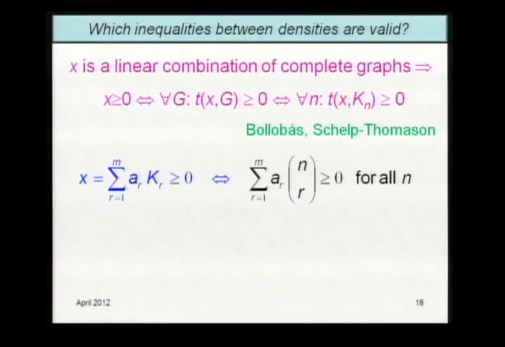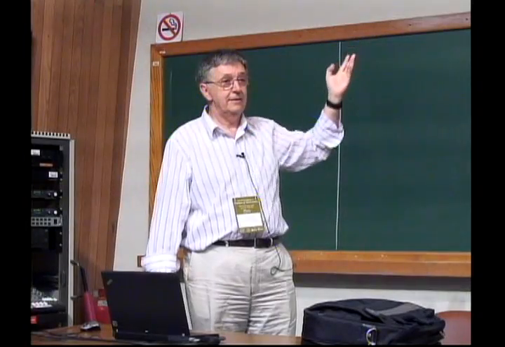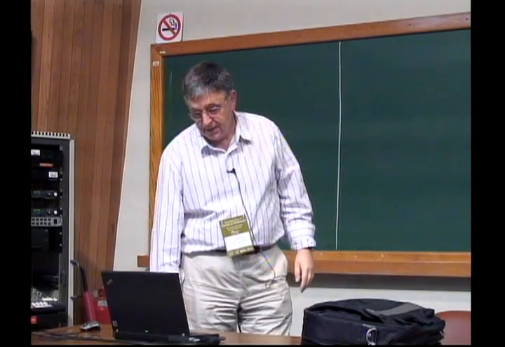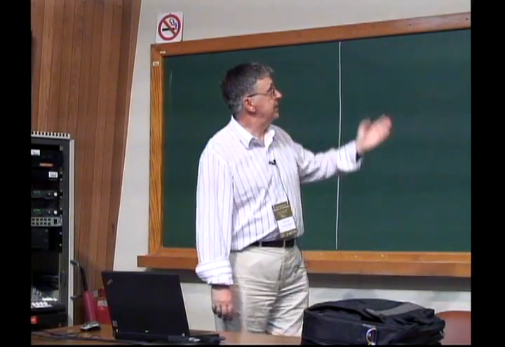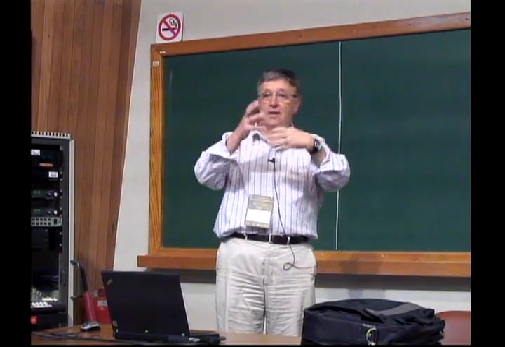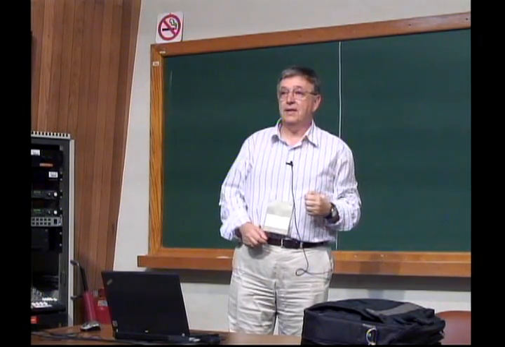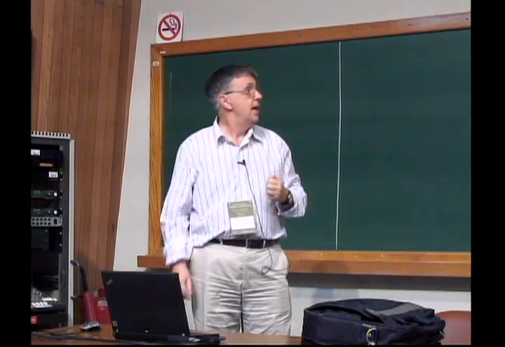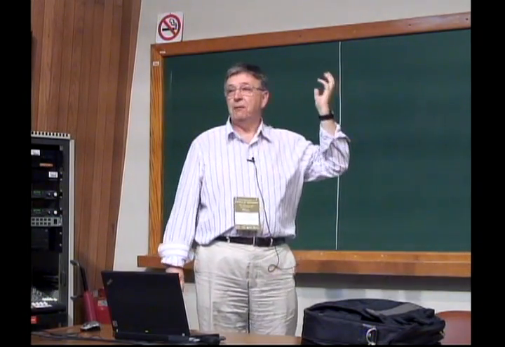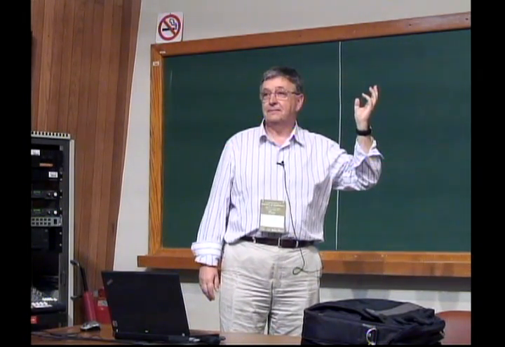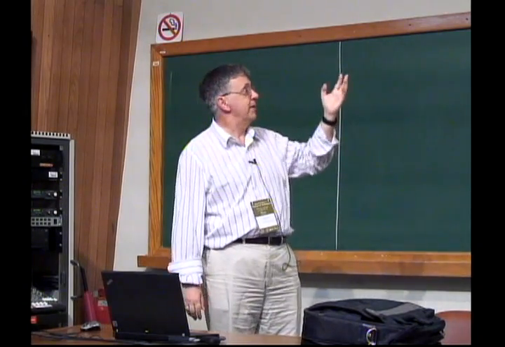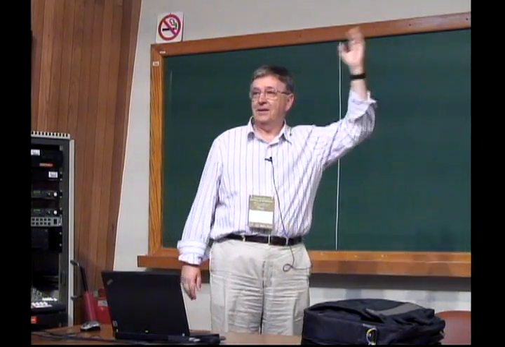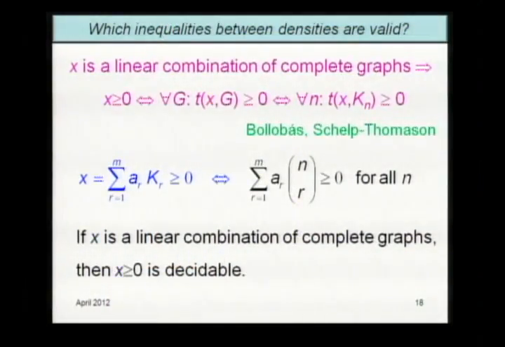In particular, it's a first-year calculus exercise to show that such an inequality can be decided. So it follows that for linear combinations of complete graph densities, such a problem is decidable. It's much more: it's polynomial time decidable. It's easily decidable, and so on.